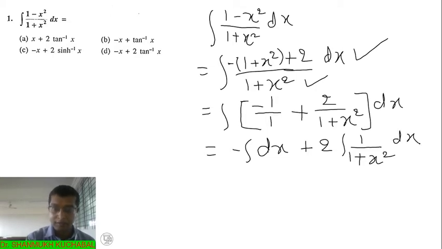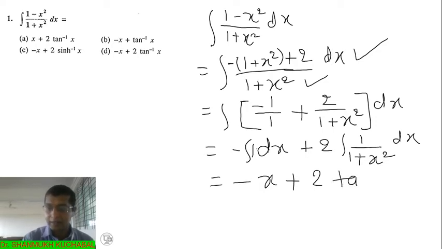So further, minus as it is, integration of dx or 1 into dx is x. Further 2 as it is, integration of 1 divided by 1 plus x square is tan inverse x, and we write the constant of integration plus c because it is an indefinite integration.